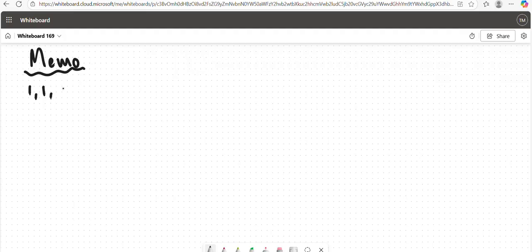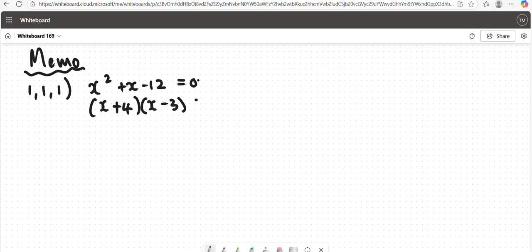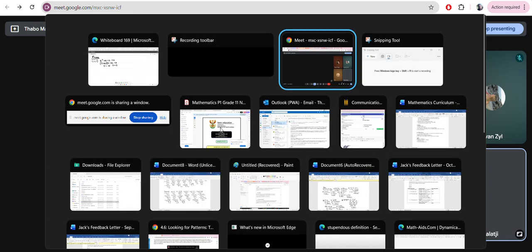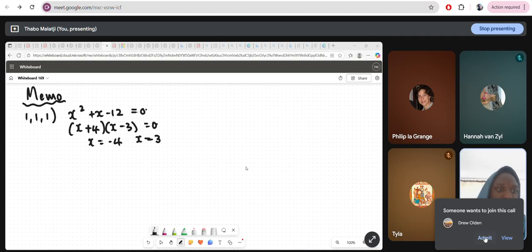So I'm gonna start with 1.1 now. Alright, so those are your two x values.